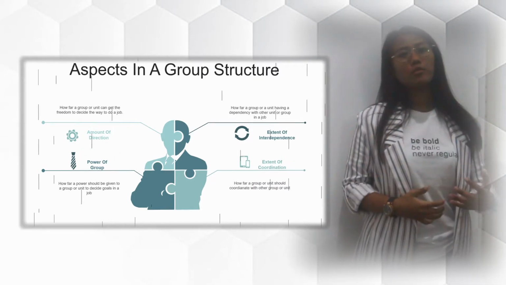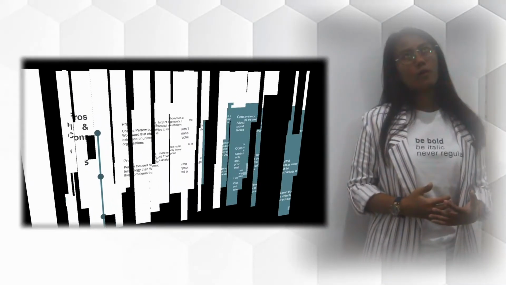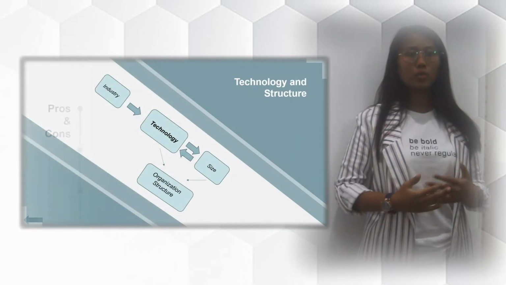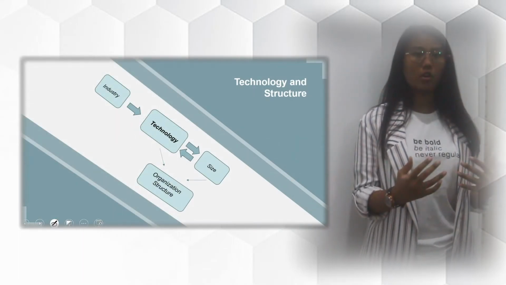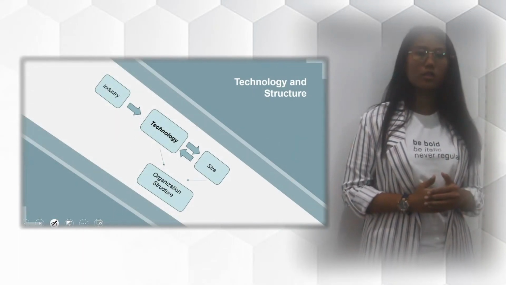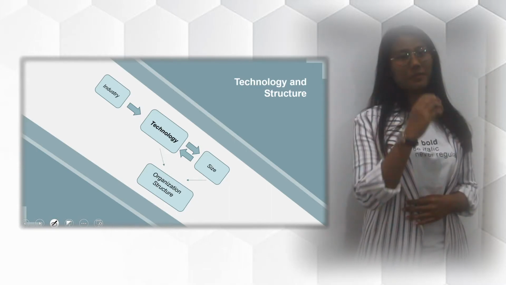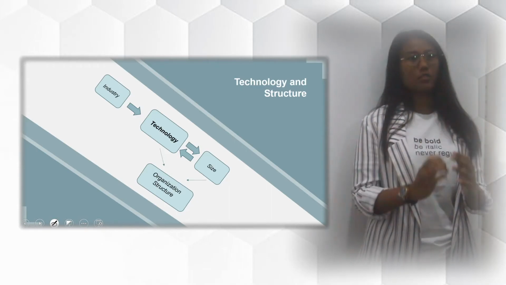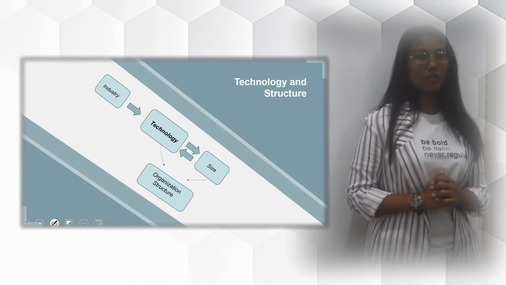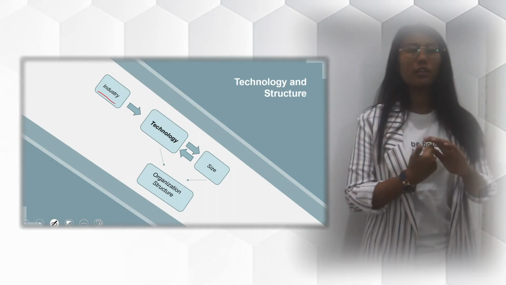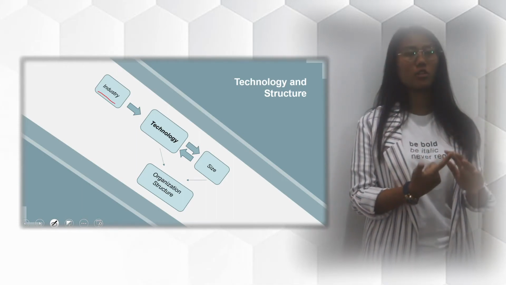Now we are moving to the relation between technology and structure. So we are done with the typology. The first one is industry. The type of industry can affect the technology and organization structure.